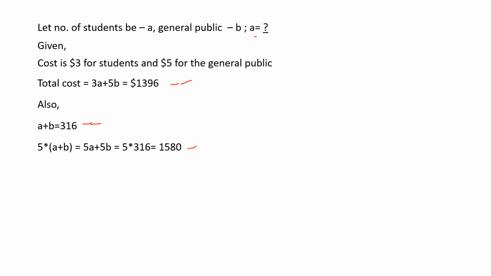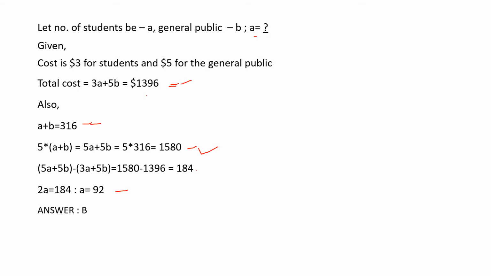Okay, so 5 into a plus b is 5a plus 5b is 5 into 316, that's 1580. Now we subtract this equation from this equation. We get 5a plus 5b minus 3a plus 5b is 1580 minus 1396, which is 184. So 5b gets cancelled out, and we're left with 2a is equal to 184. Divide by 2 on both sides, we get a is 92. So the answer comes out to option B.